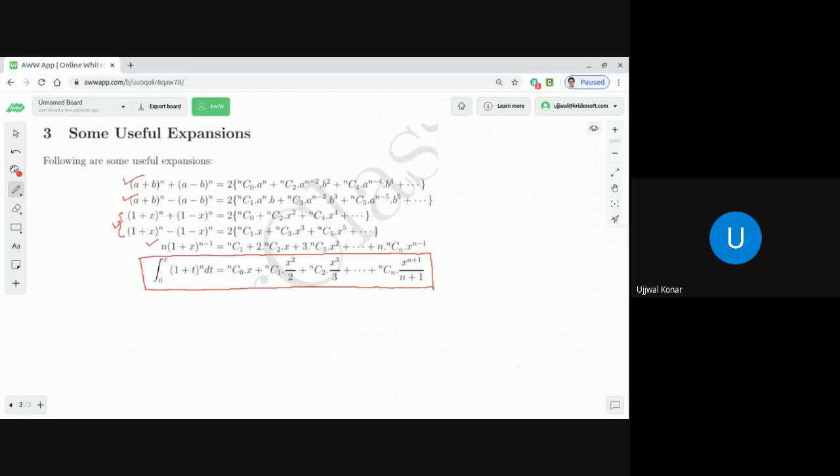If you want to know about the proof, we will see it later. But this is very important. We will see some examples where we need to apply the concept of definite integral. In fact, if you expand (1 plus t) power n, you know the binomial expansion. After that, you also know the integration. You do individual integration, you will get it.